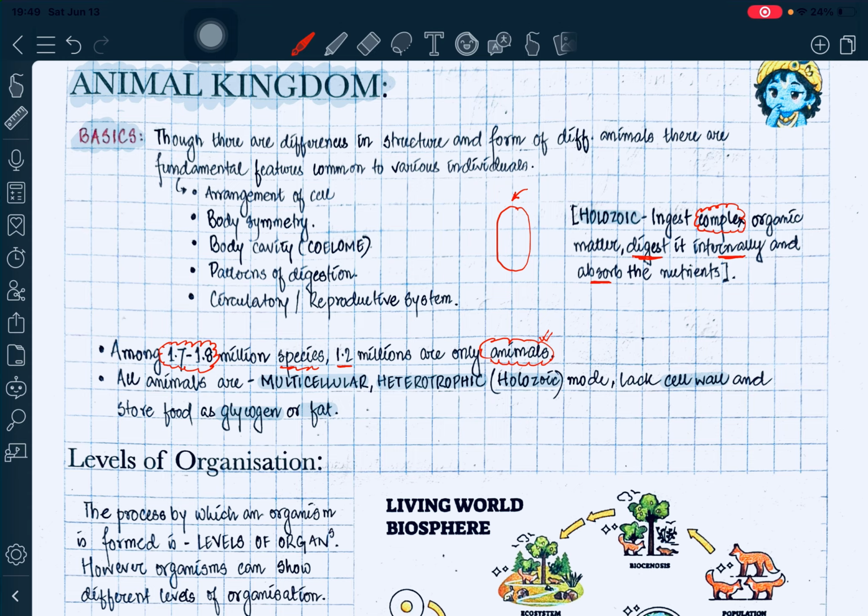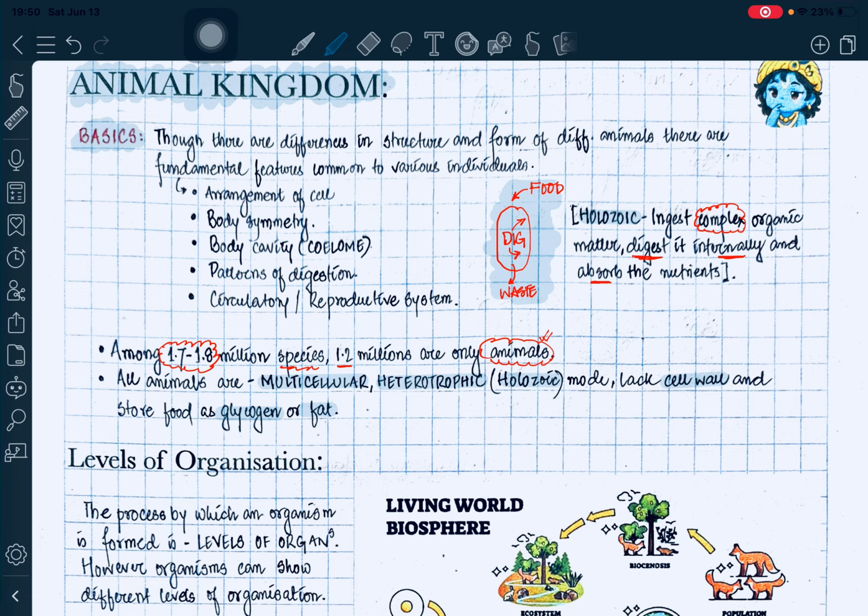In the holozoic mode of nutrition, it will take in the food, release the unused food as waste, and all the digestion will occur inside the organism, and this digested food will be absorbed inside the organism. That is the meaning of holozoic mode of nutrition: it takes the food, digests it internally, absorbs it, and whatever is left behind is released as waste.